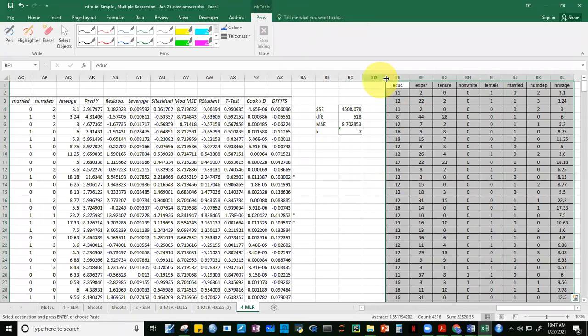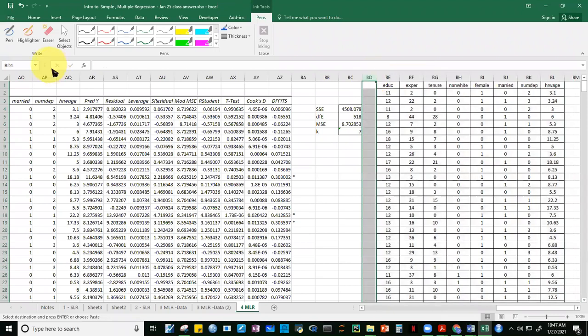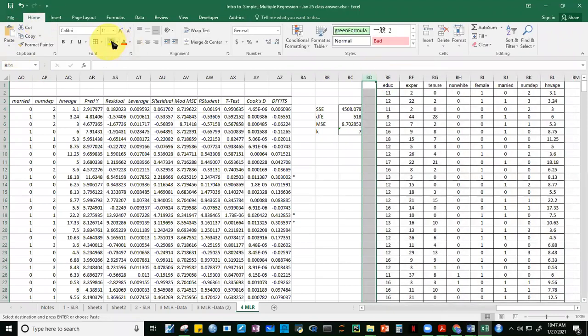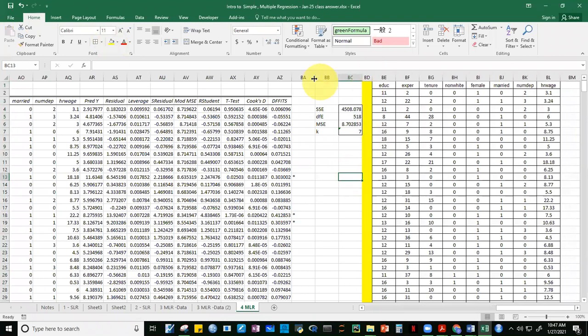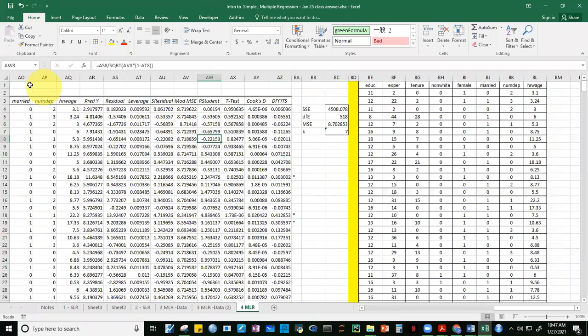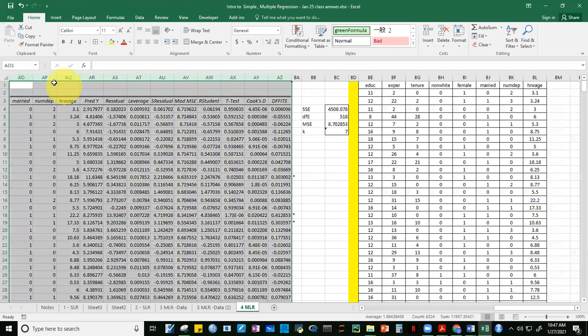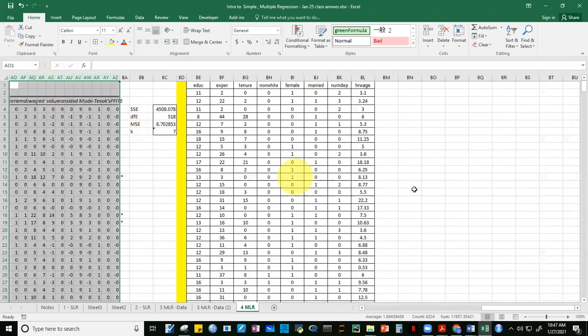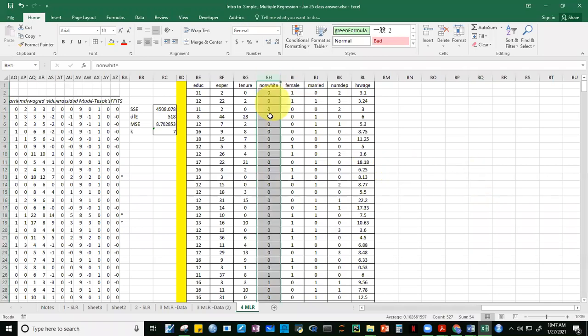Okay? So, we're now going to create, lagyan ko lang ng field para separator. Okay. Sabi natin, mag-create tayo ng another regression, tatanggalin natin si non-white. Delete.